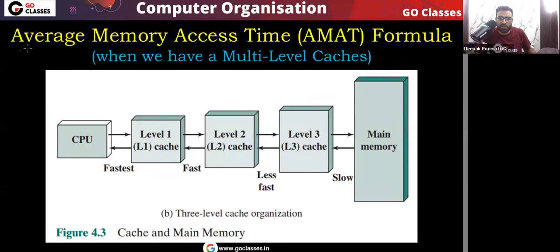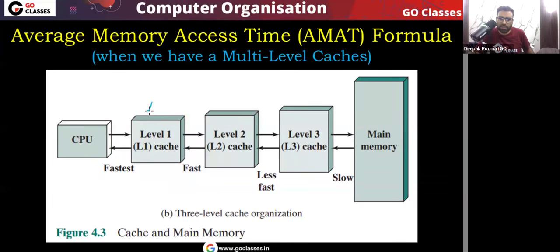So we want to find the average memory access time for multi-level caches. We have already seen that in modern computer systems, we don't have single level cache. We have multiple levels of cache memory. The cache memory which is closest to CPU is called primary cache, or level 1, L1 cache.